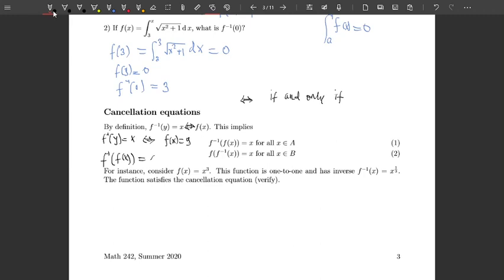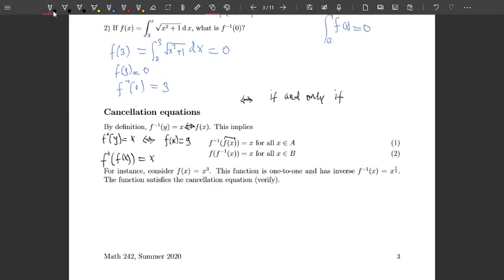By definition, this is x, for all x inside the domain, and the domain of f we can consider to be A, because f takes value in A, and anything that comes out of that is in B, which is the range, which is the domain of f inverse.